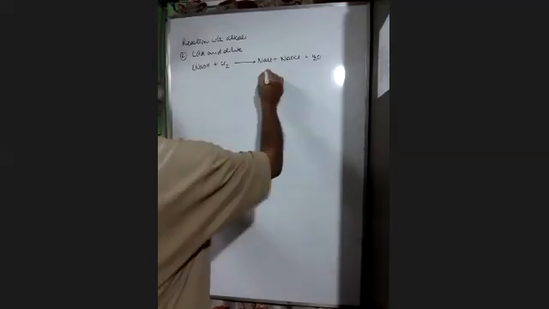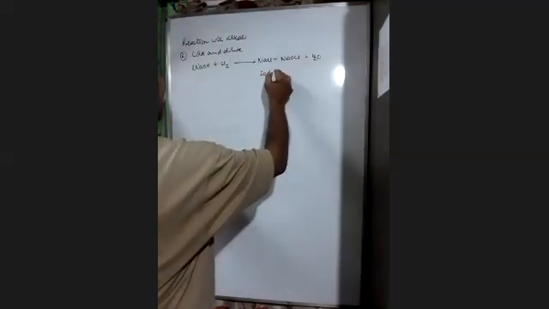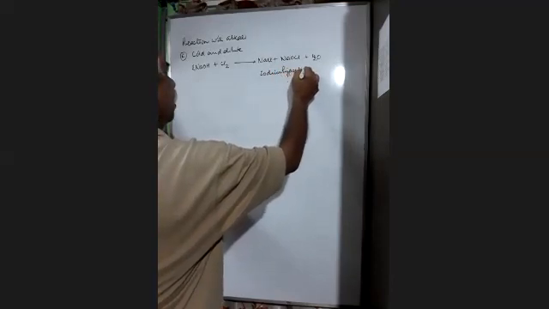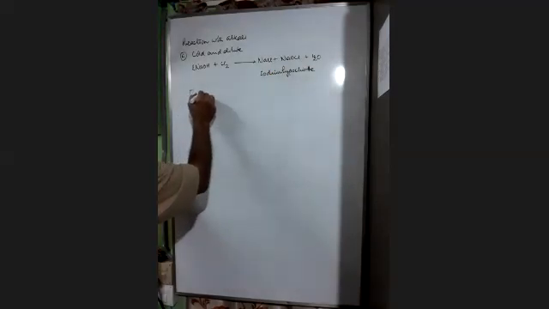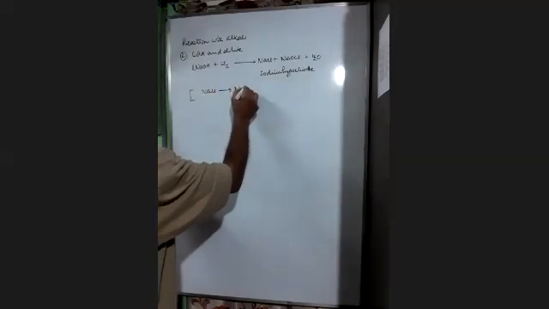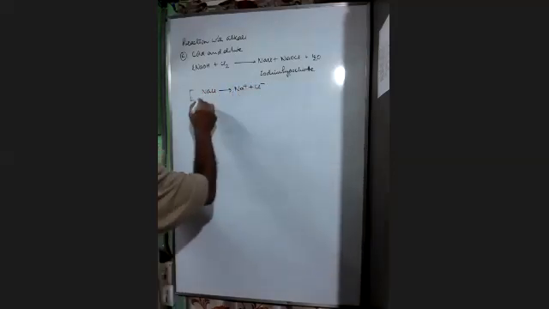This is called sodium hypochlorite. Now let me show you what is the difference between sodium chloride and sodium hypochlorite. This is only for your understanding. See, sodium chloride dissociates to give you Na plus and Cl minus.